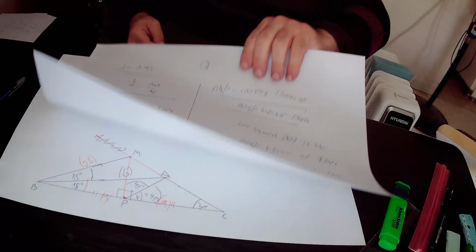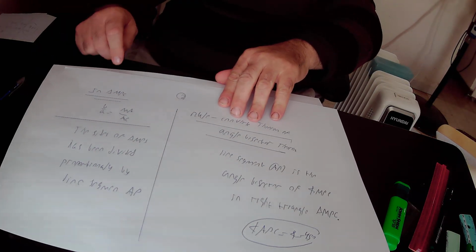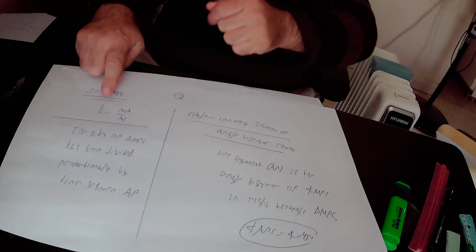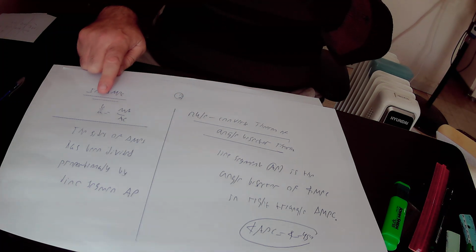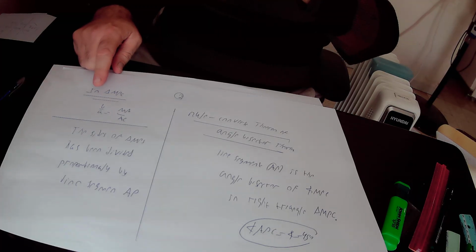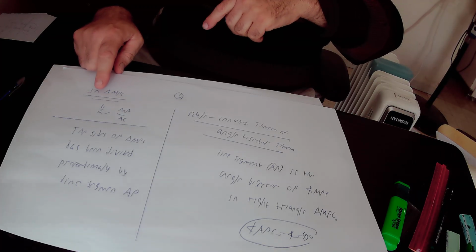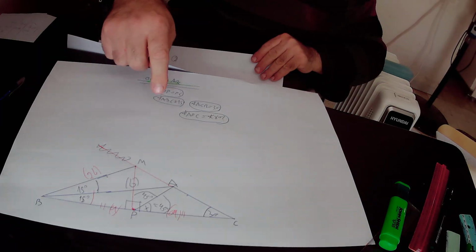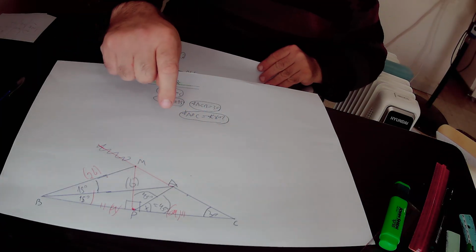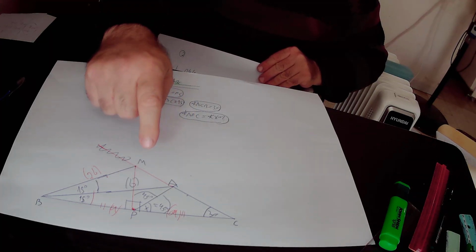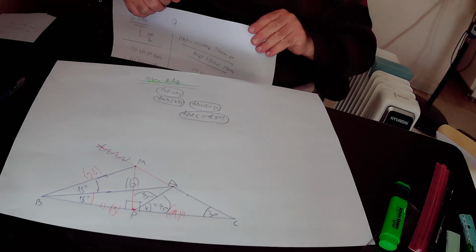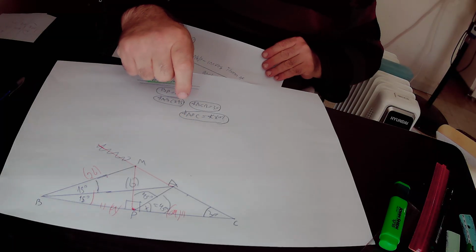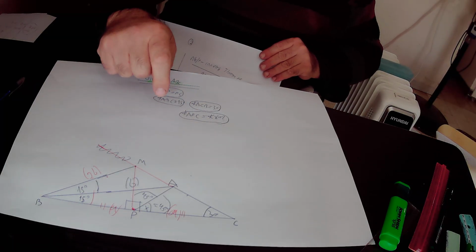The side of the right triangle MPC has been divided proportionally by line segment AP. Therefore, according to rule 21, line segment AP must be the angle bisector of angle MPC in the right triangle MPC.